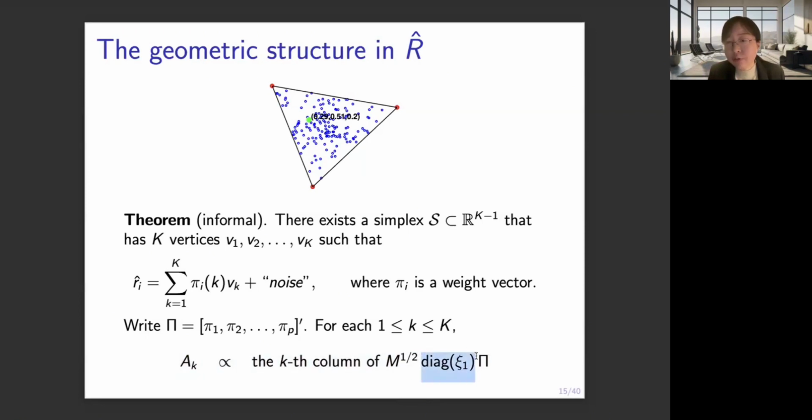I first revert the post-SVD normalization, and then I revert the pre-SVD normalization. Then I get a new matrix. It turns out that each column of this new matrix will be exactly proportional to one topic vector in the noiseless case. And the topic vectors are self-normalized, so therefore I can immediately get each A_k. So this is the rationale.